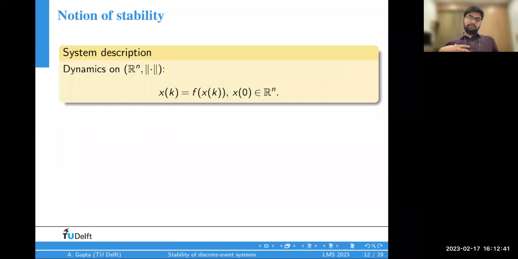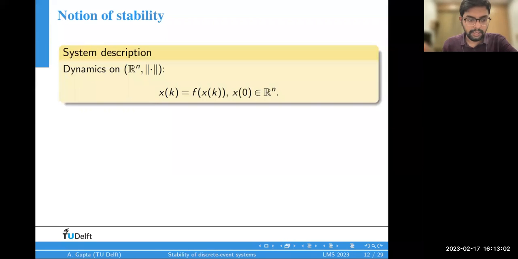Okay, so for conventional systems, the notion of stability requires this assumption: we assume that the dynamics is defined on a normed vector space, and we study stability using Lyapunov notions. These notions are quite nice.